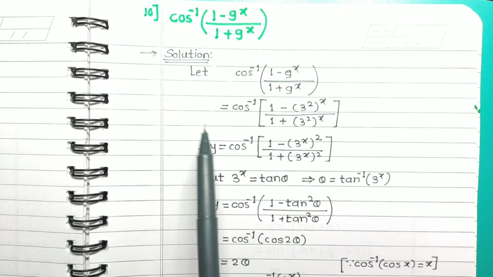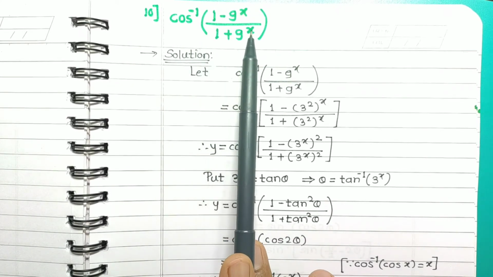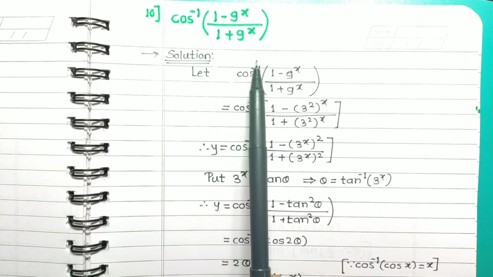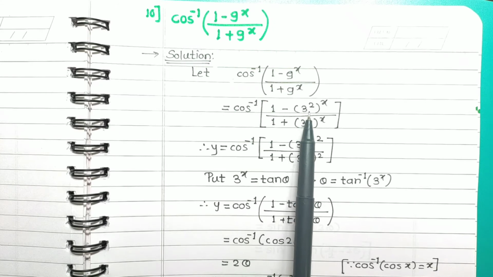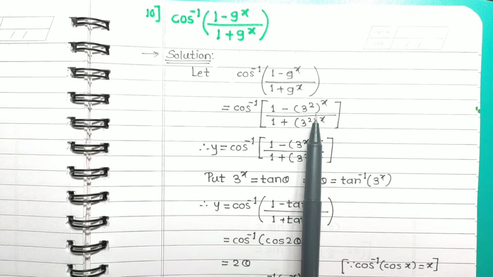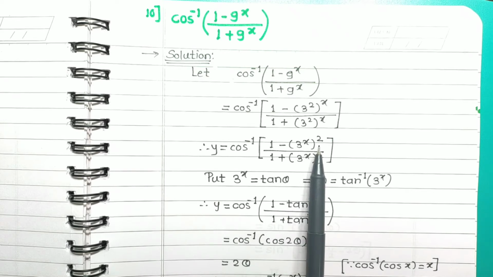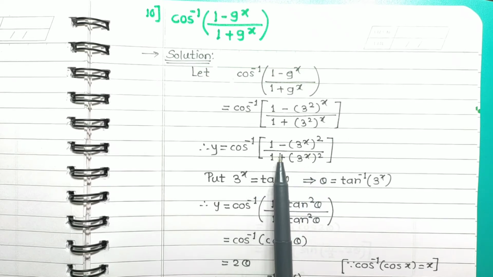Okay. See, for this example, cos inverse of (1 minus 9 raised to x) upon (1 plus 9 raised to x). You adjust this 9 as 3 square, and again 3 square raised to x as 3 raised to x whole square. And then terms will be like 1 minus tan square theta upon 1 plus tan square theta.